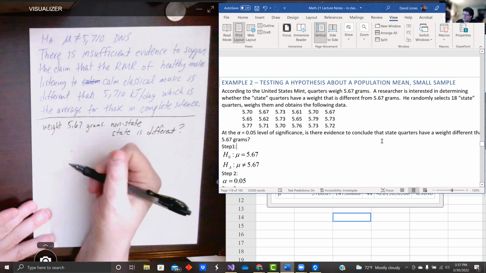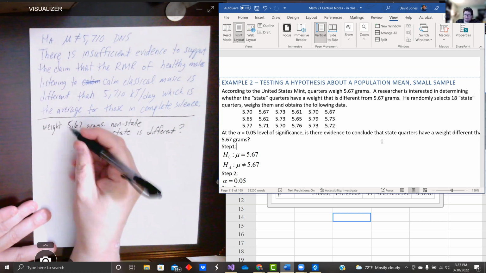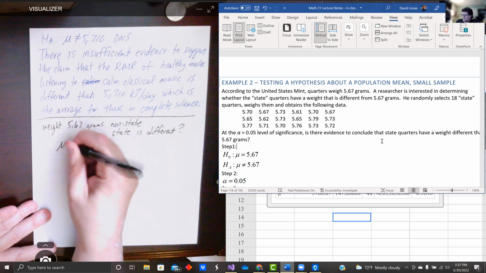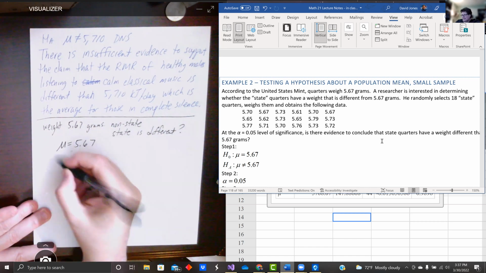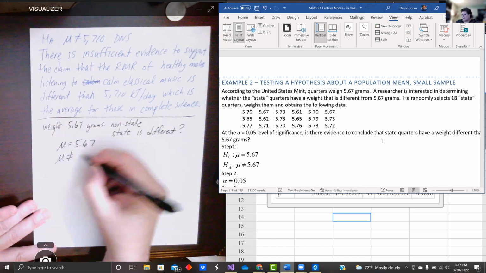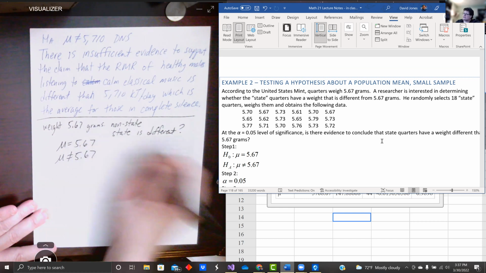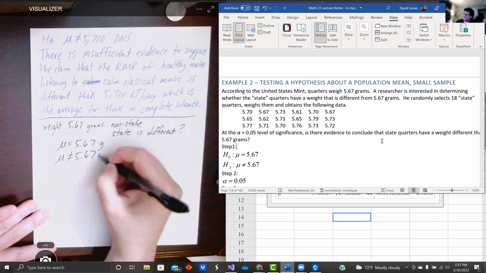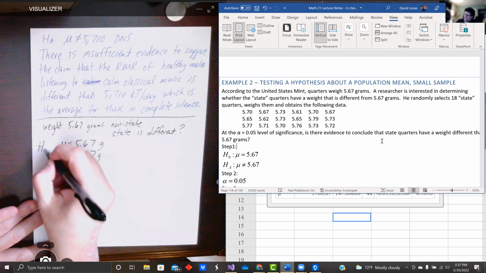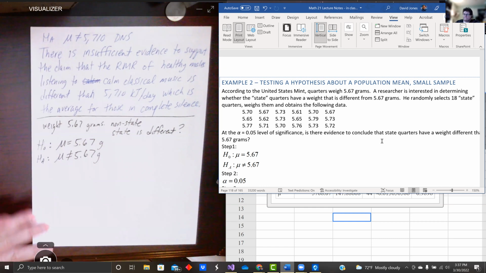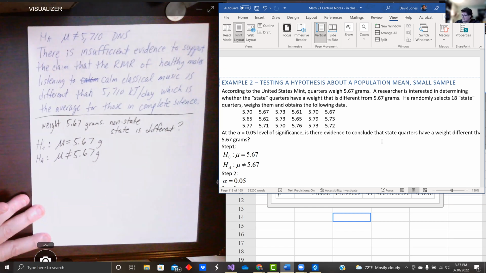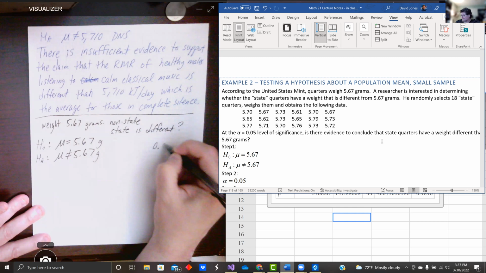So if the weight might be different, the original mu is 5.67. Different is not less than or greater than, so mu is not 5.67 grams. H naught is the one that's equal to, and HA is the alternate one. They give us 0.05 for alpha.